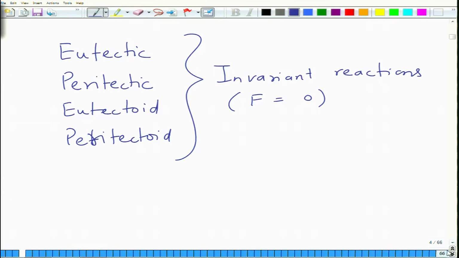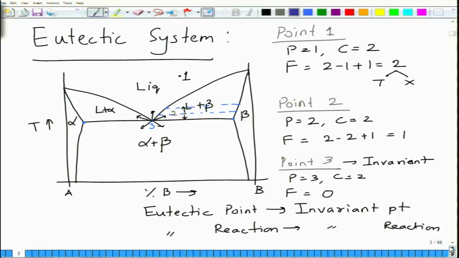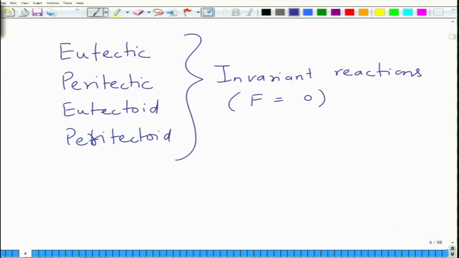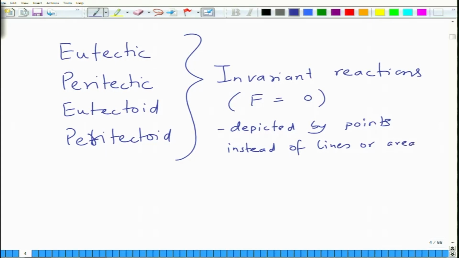For these, F is equal to 0, which means you are just standing at a point where three phases coexist, all right. So, this is how the phase rule is applied to various diagrams. So, invariant reactions are F is equal to 0 and depicted by points instead of lines or areas.